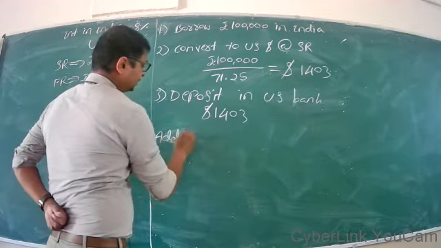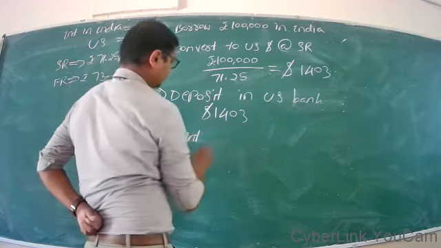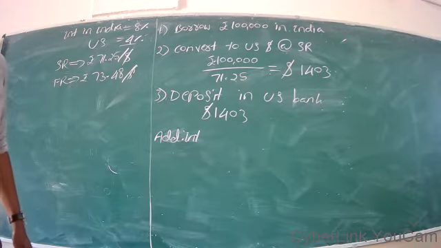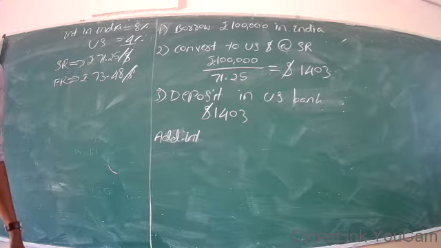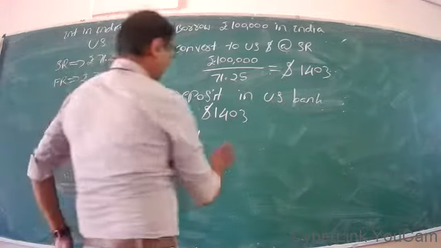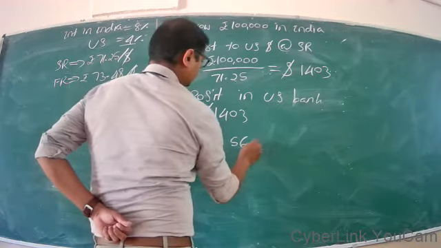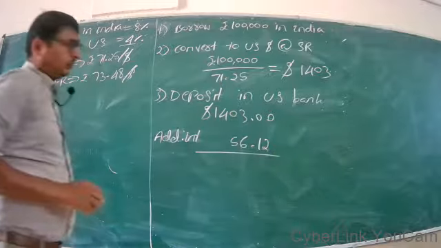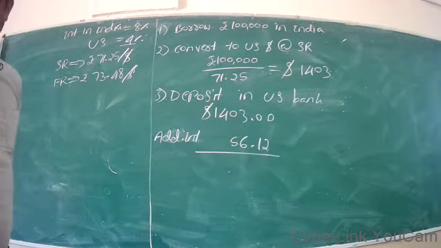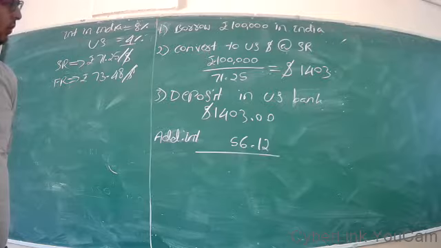You earn interest of 56.12 dollars for depositing 1 year in the US bank.